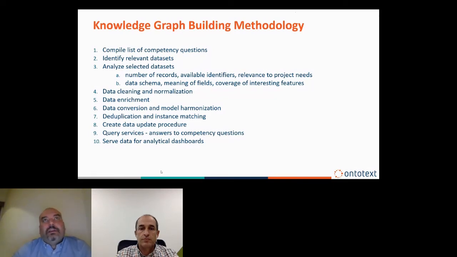And it's a common problem that you might have overlapping data sets in which, for example, different sources can provide identical entities that you would like to deduplicate and match semantically.